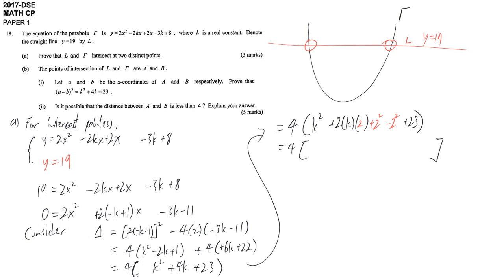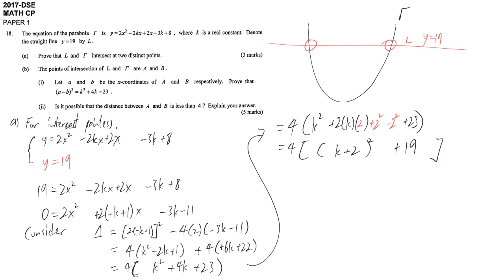The first three terms, k squared plus 2 times k times 2 plus 2 squared, become a complete square, k plus 2 squared. And then we combine these two terms, 23 minus 4, we get positive 19. Once we write in this form, this part must be positive or 0, added to some positive.